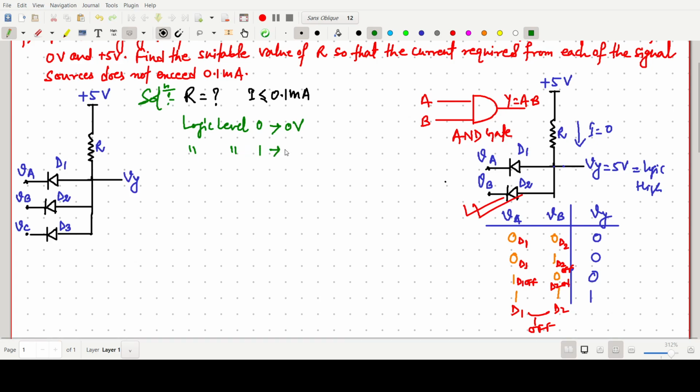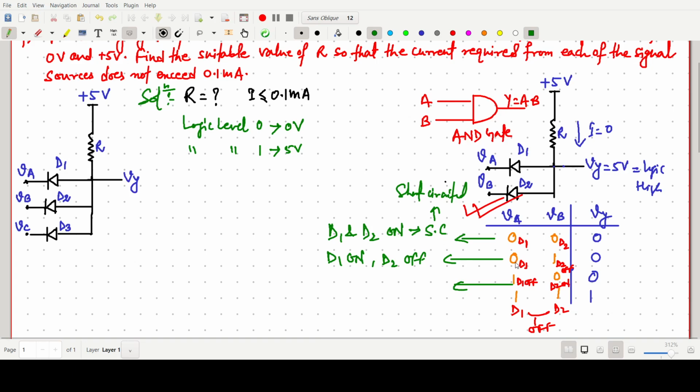For 0 0, both diodes will be on, D1 on and D2 on, short circuited. In this case, D1 is on and D2 is off.